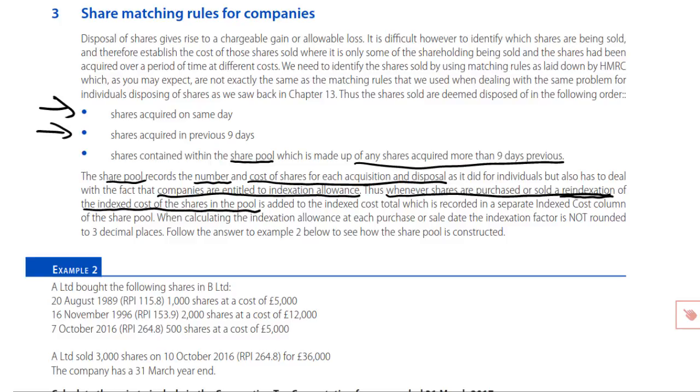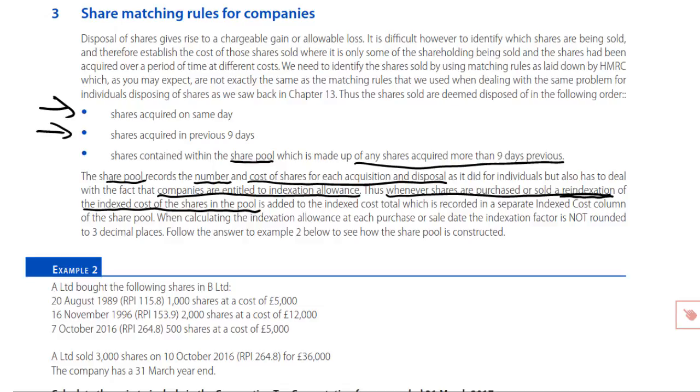So every time we buy more shares, or eventually when we sell shares, we've got to bring that index cost column up to date by re-indexing the previous figure of index cost through to the date of this subsequent transaction, be it another acquisition or a disposal. We'll see how we carry out this very mechanical process in a moment's time.